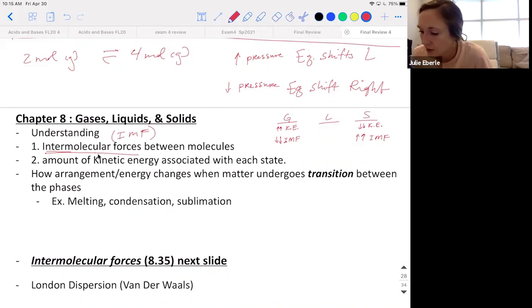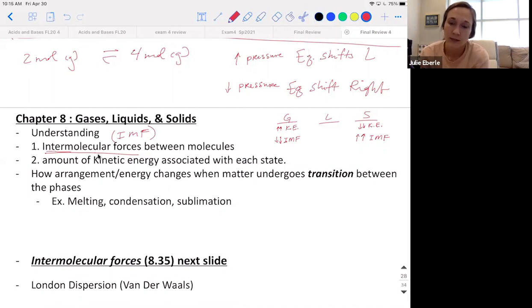Okay, so we talked about those things, and then we said how arrangement or energy changes when matter undergoes a transition between the phases. So melting, condensation, sublimation. If you are something that's a solid and you're melting, becoming a liquid, you have to absorb heat. Okay, that's endothermic. If you're evaporating or boiling, you have to absorb heat.